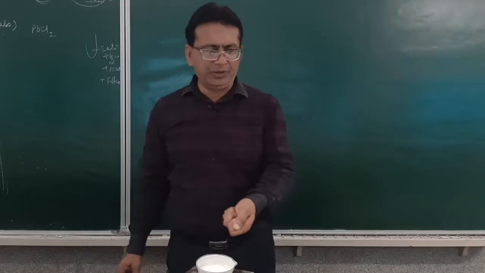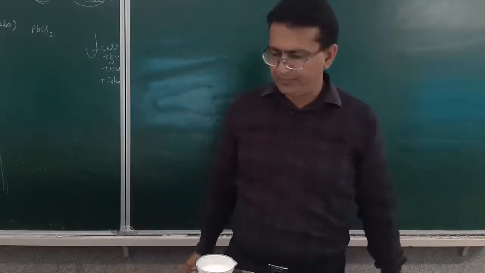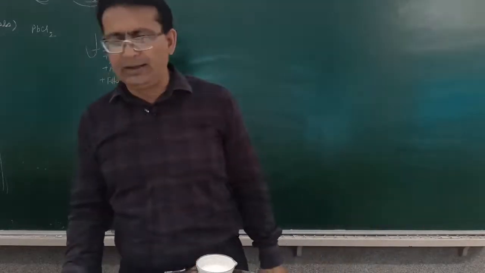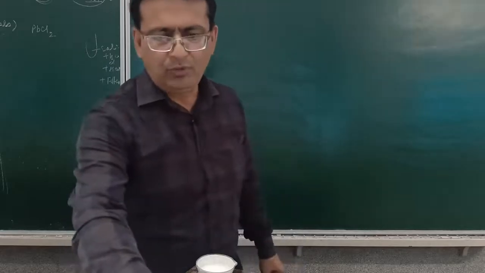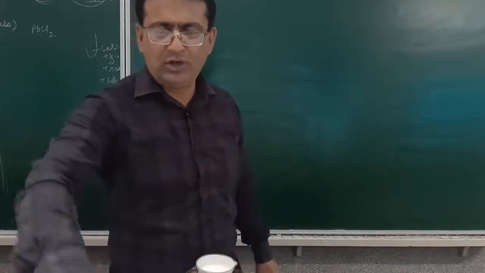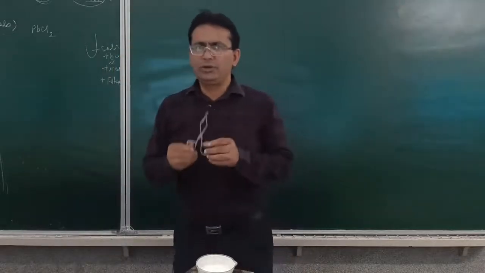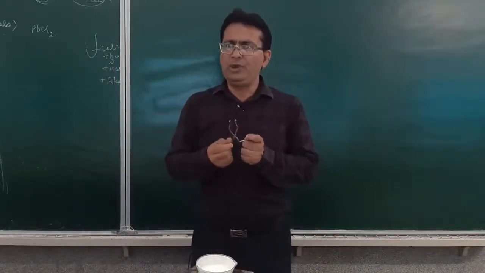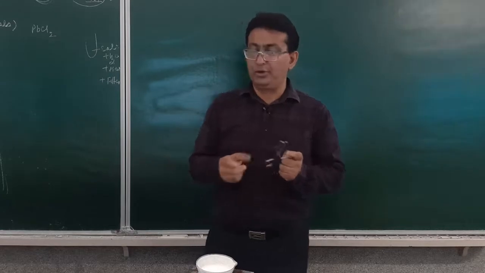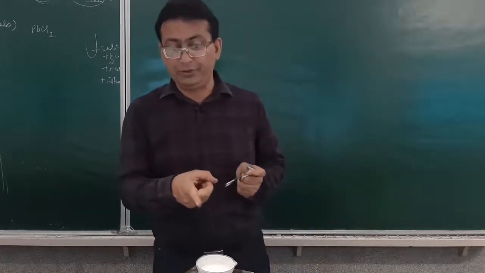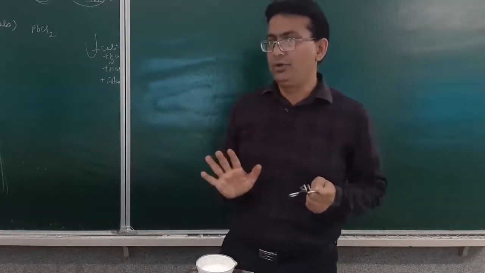Now I have to pick this china dish. To pick this china dish, I need an apparatus. Just see this. This is a tongs kept over here. You will be using these tongs to pick. Don't pick it with the hand. It is heated up now, so you may get burned.